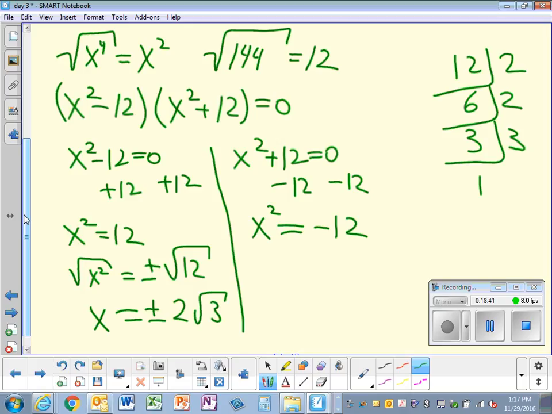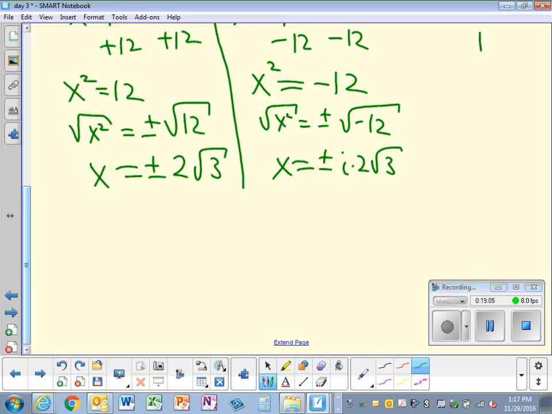So square root both sides with plus minus gives me x equals plus minus I 2 root 3. Not negative because I already took the I out, right? So these are my final answers. X equals plus minus 2 square root of 3 and plus minus I 2 square root of 3.